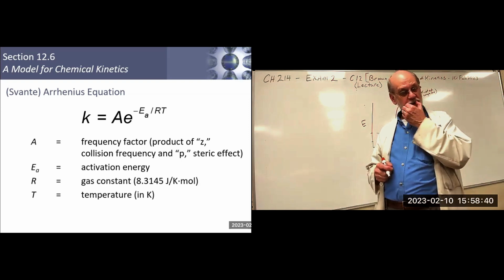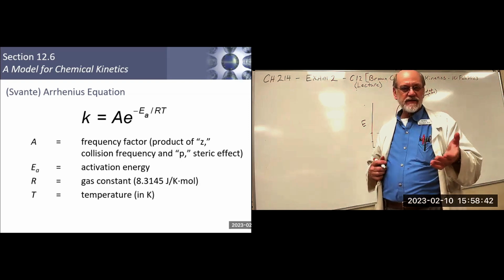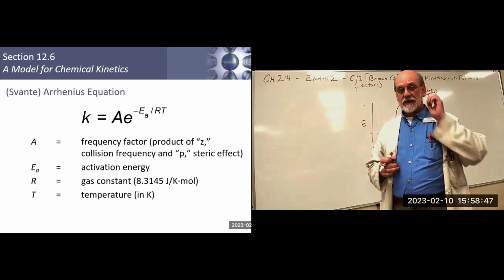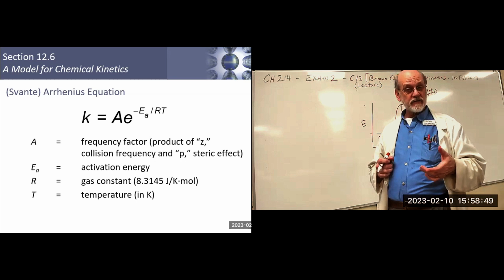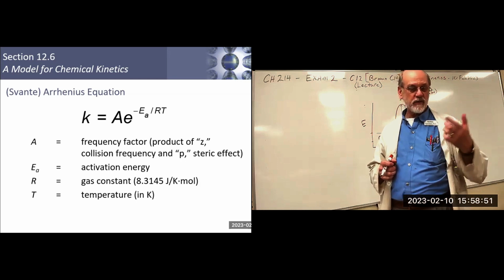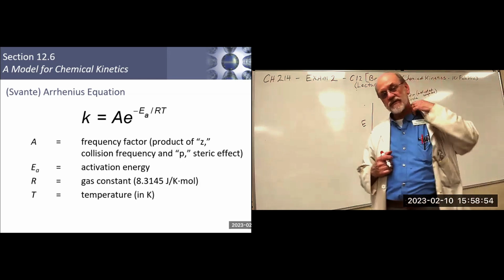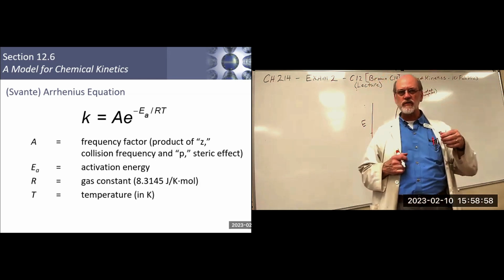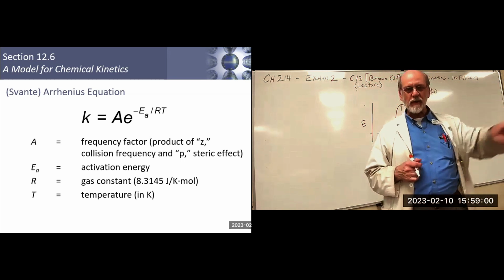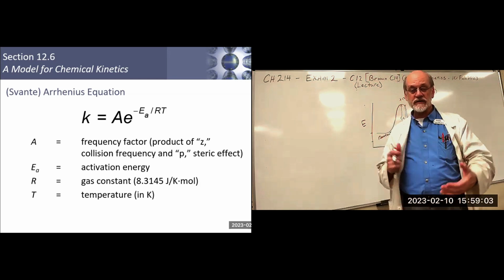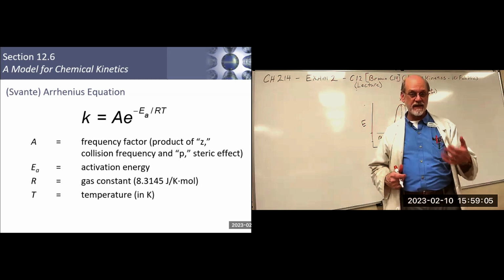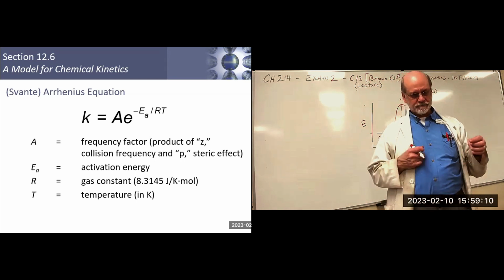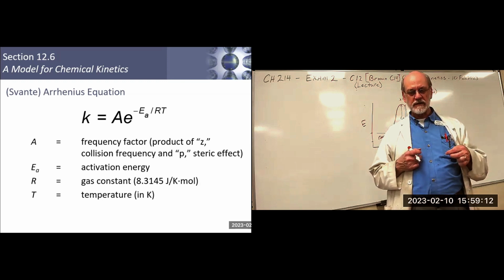That's their relationship. A is a factor that's got several other things combined. And then R is the gas constant with the energy term, so it's 8.3145, and not the other one with liter atmospheres, 0.08206. That's different problem solving there. This gas constant is in terms of joules per K, that is temperature, K moles. And then temperature is in units of K.